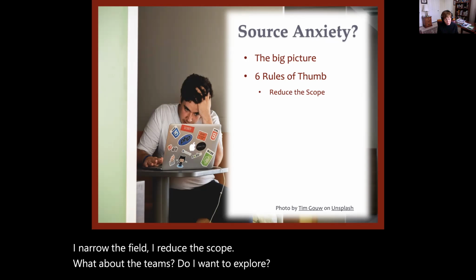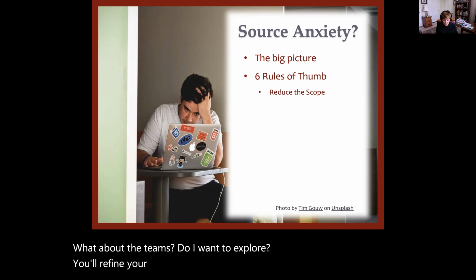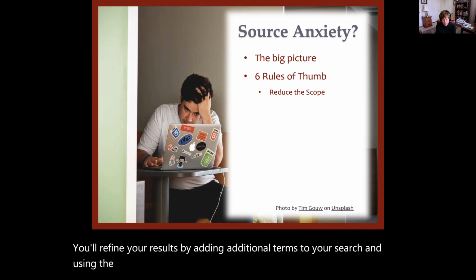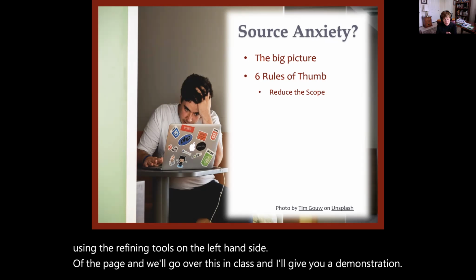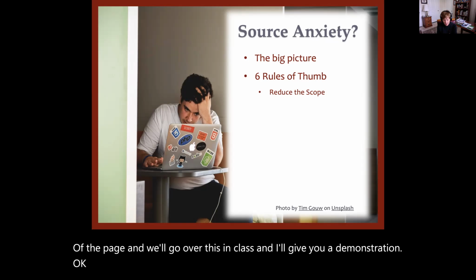You'll refine your results by adding additional terms to your search and using the refining tools on the left-hand side of the page. And we'll go over this in class, and I'll give you a demonstration. Okay, so you're going to eliminate sources that don't relate to the situation you're addressing.